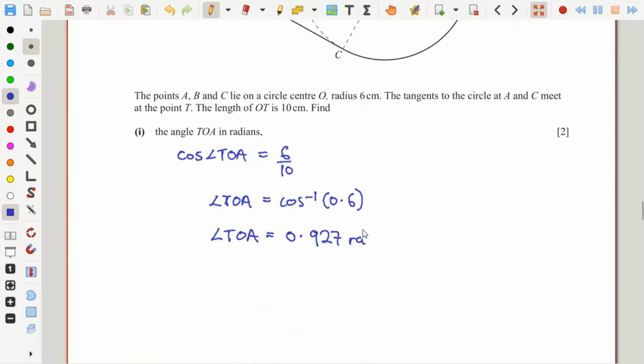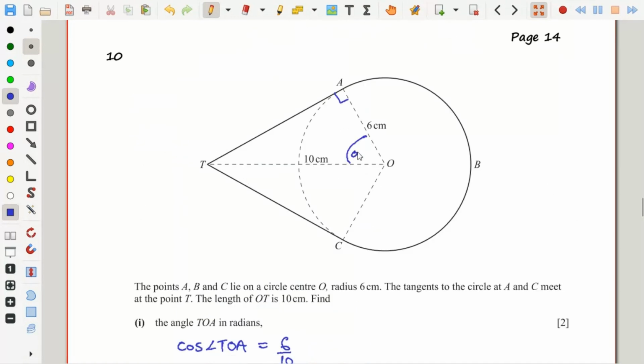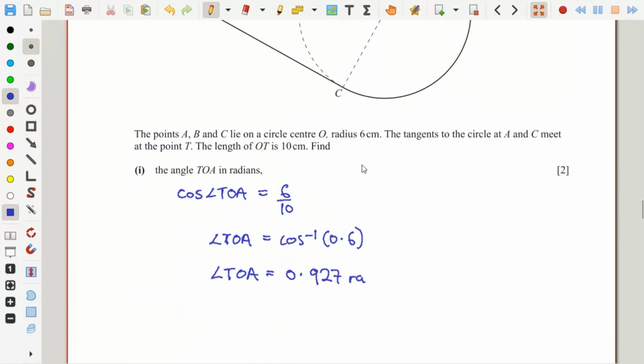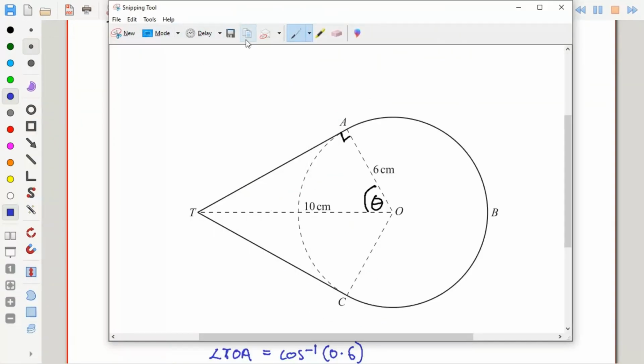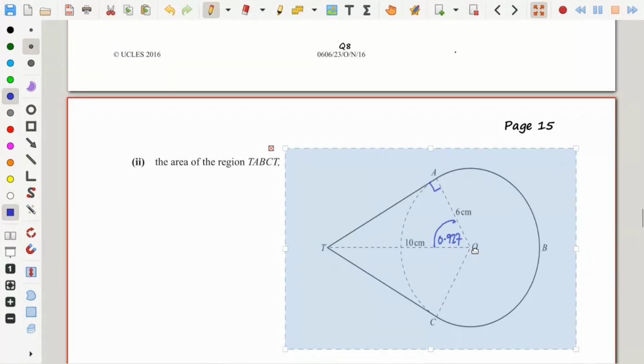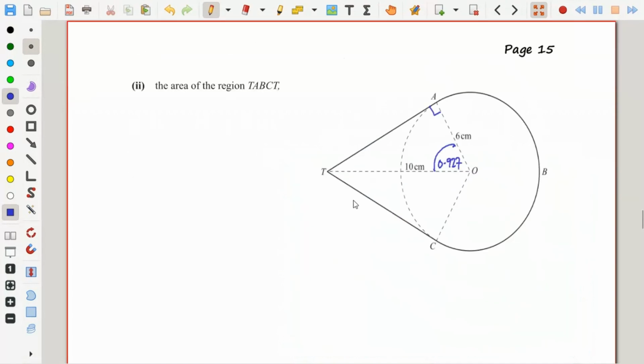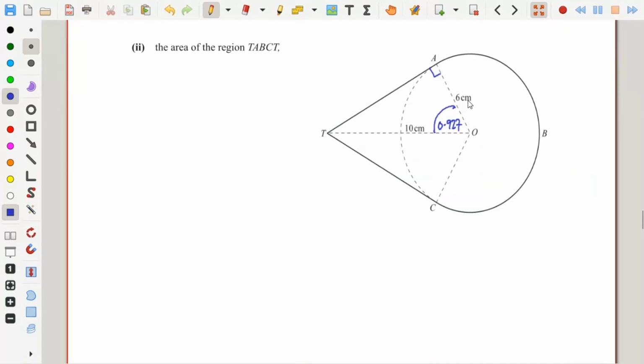The angle is 0.92 radians. Okay, so here you are finding the area of, let me shade it, the entire diagram.